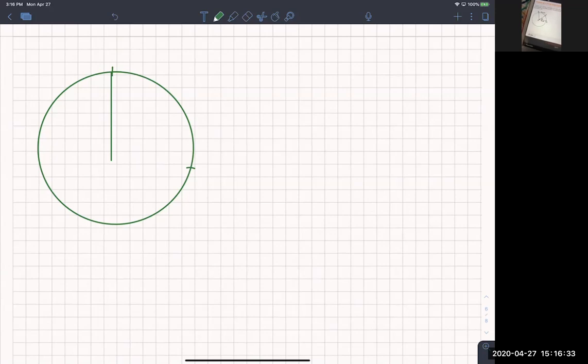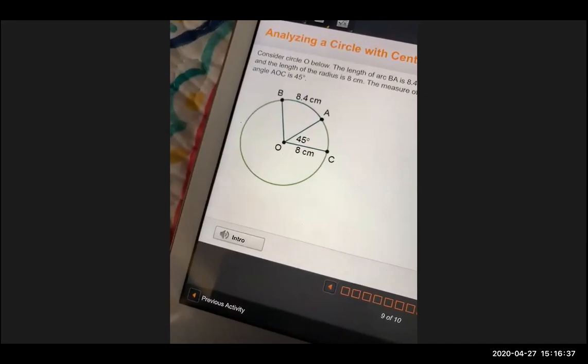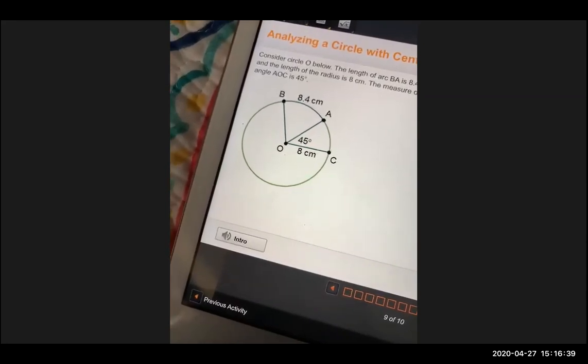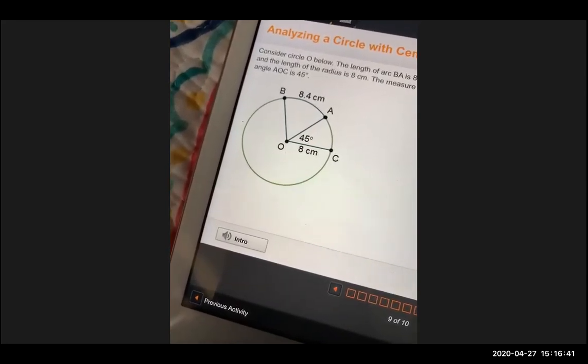Hold on one second. Okay, so let me draw this quickly. Give me one second.